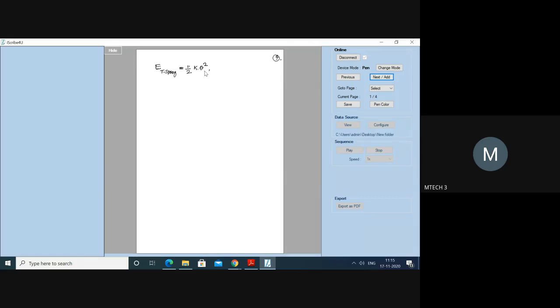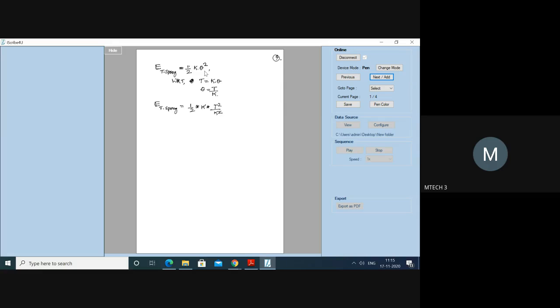So what is T? We know that T will be equal to k into theta, so theta will be equal to T by k. Therefore, E of torsional spring is equal to half into k theta square, which is nothing but T square by k square.